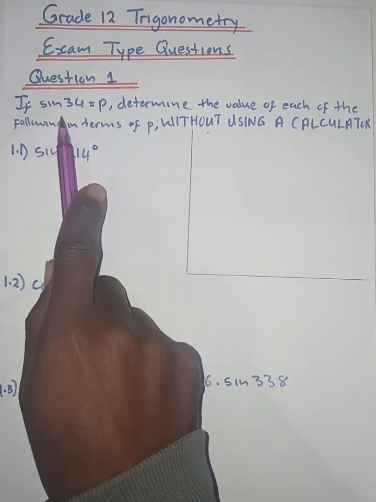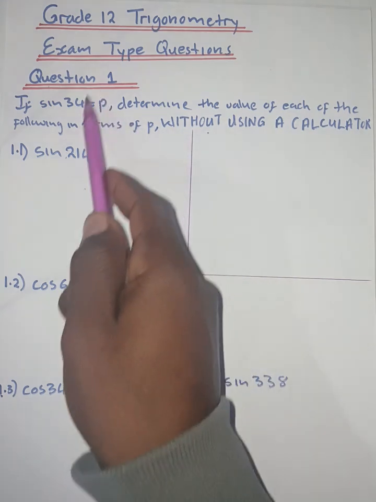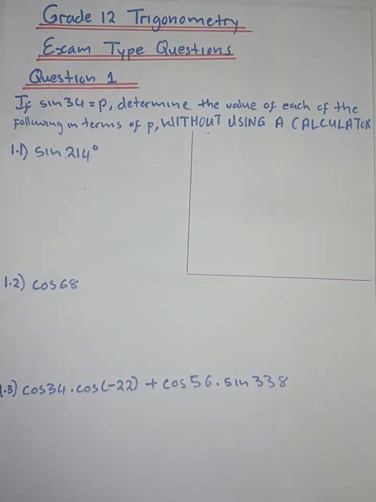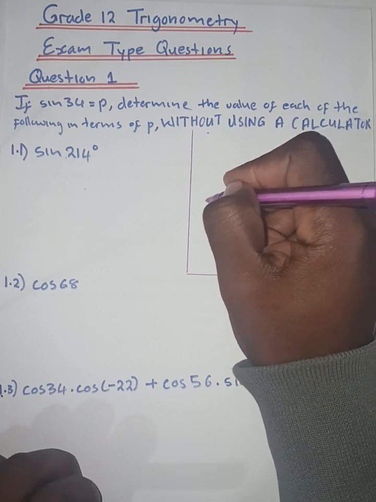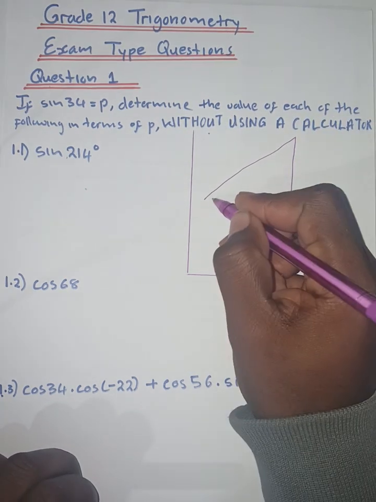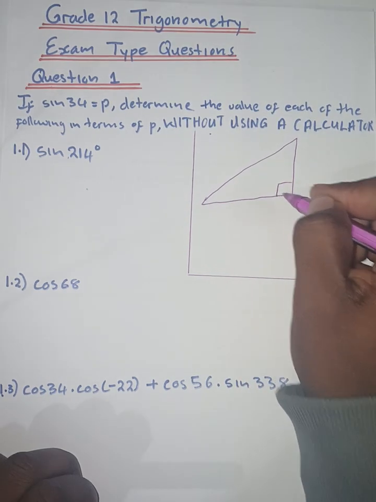Now remember, sine of 34 is equal to p, but we know that p is actually p over 1 when written as a fraction. So we know that sine is the opposite over the hypotenuse. So if I were to draw a diagram, I always mess up, let's see if we're going to succeed. There we go.